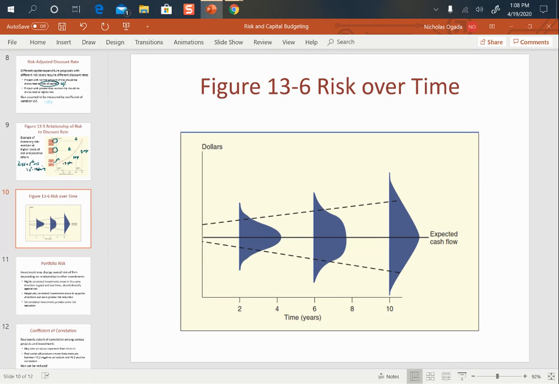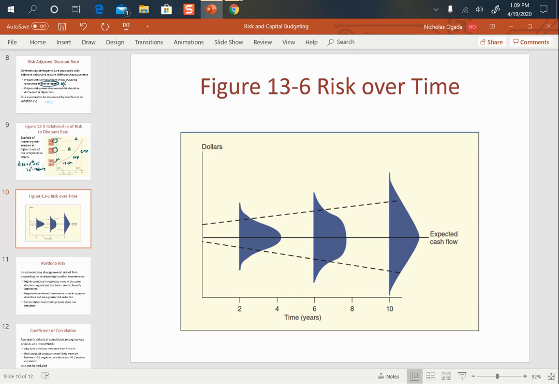Now, overall, if you're looking at the risk over time, if I just use the maturity risk premium as an example to add into this, when companies make estimations or forecast the cash flows, of course, it's true that you can have an accurate forecast for a short investment. It's a 2 year, 1 year, 6 months. Most likely you're going to forecast this accurately because you could clearly see what is going to happen in a short time.